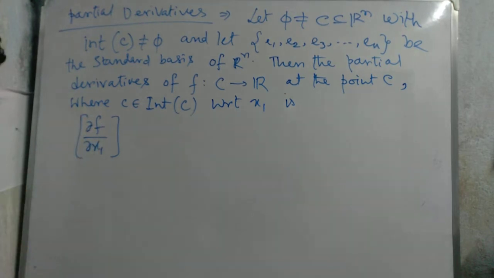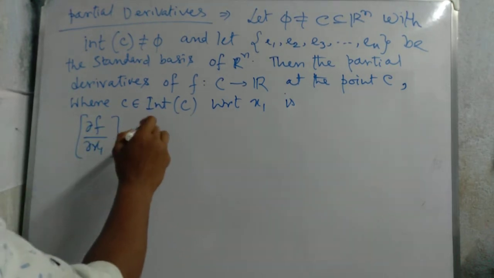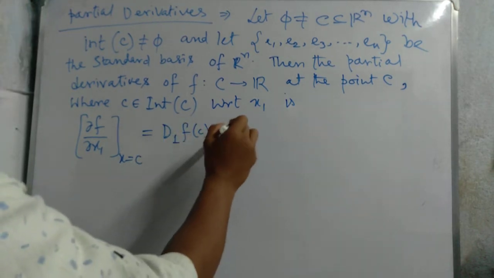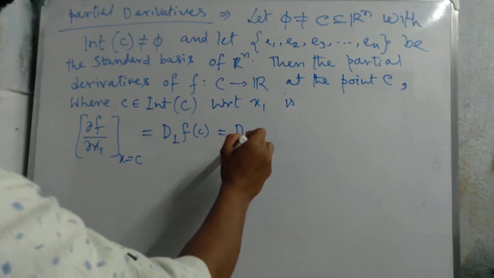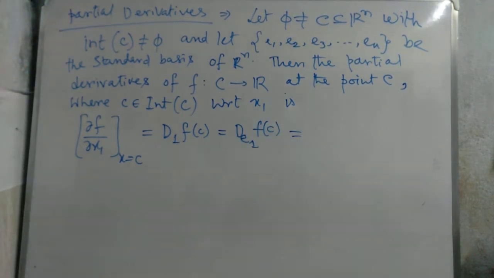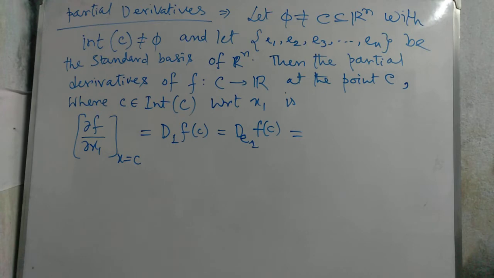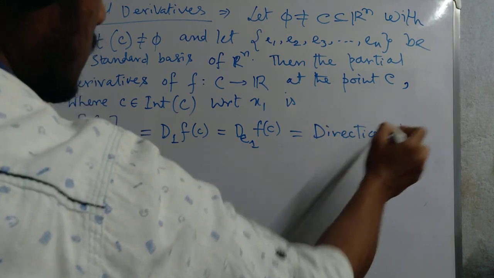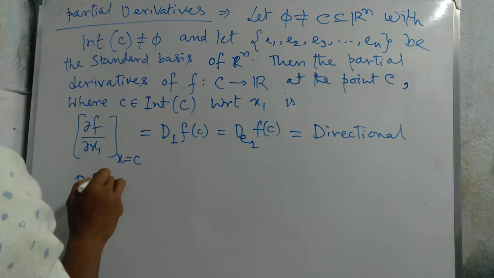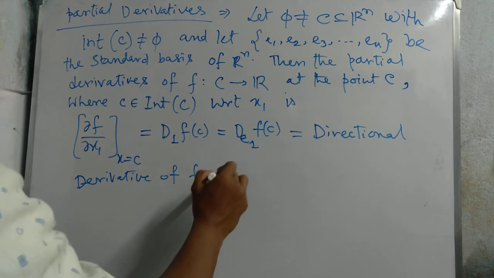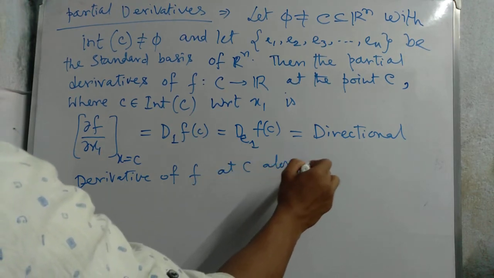At the point x equal to c, D1 f(c) equals D_e1 f(c), the directional derivative of f at c along e1.